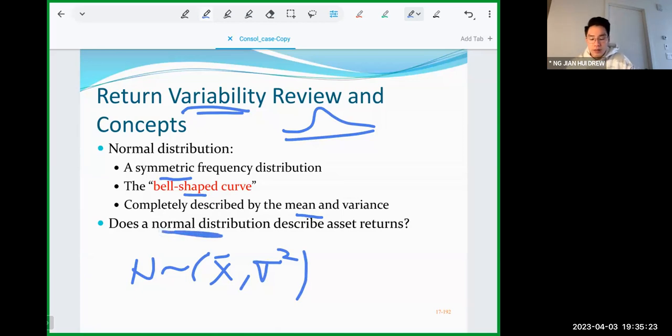So a normal distribution is only appropriate when the markets are smooth sailing, or on normal days. But once there is some disruption in the market, it might not be a normal distribution anymore.